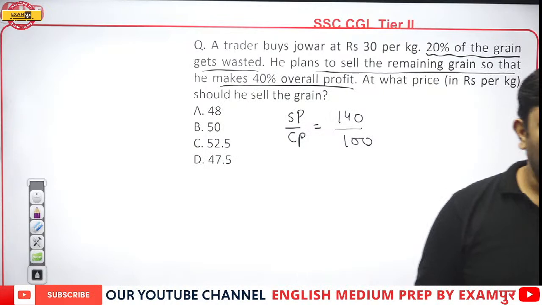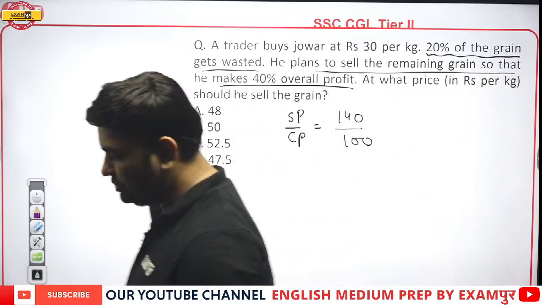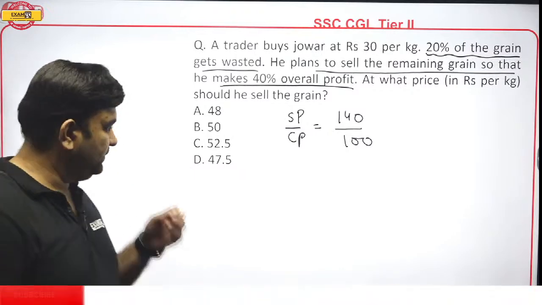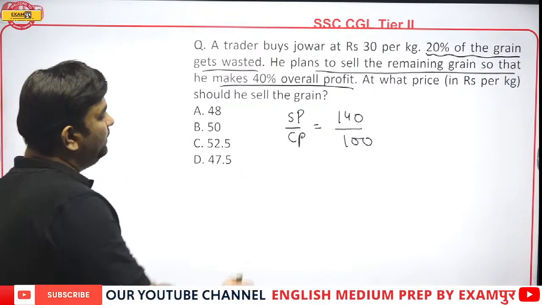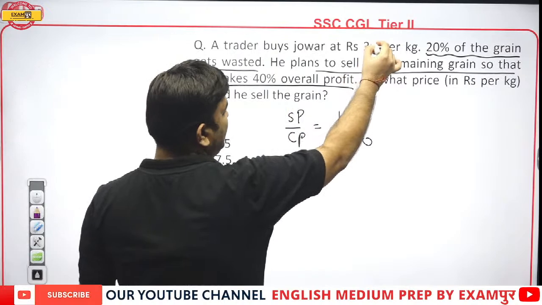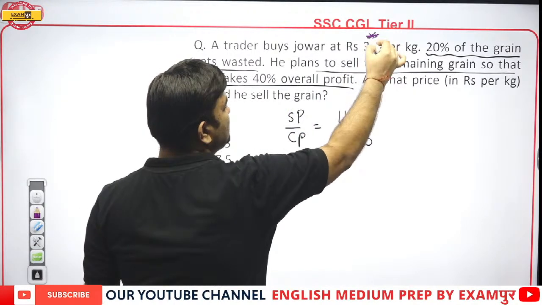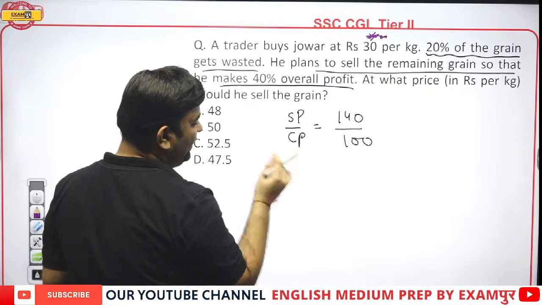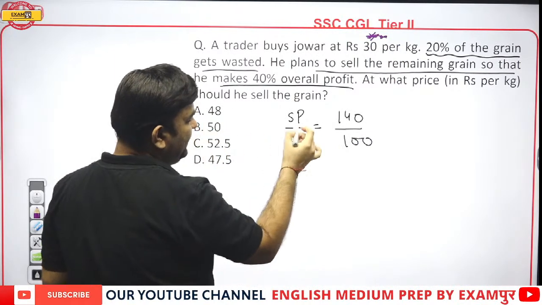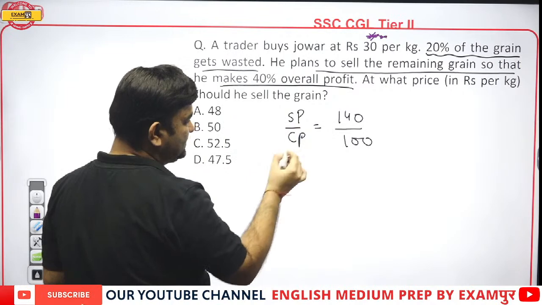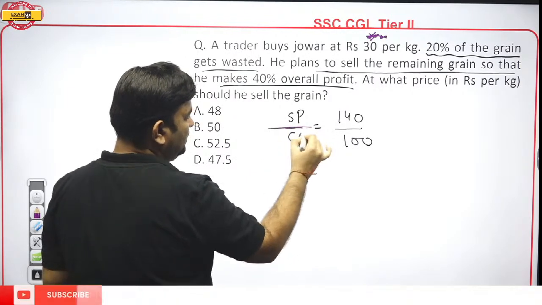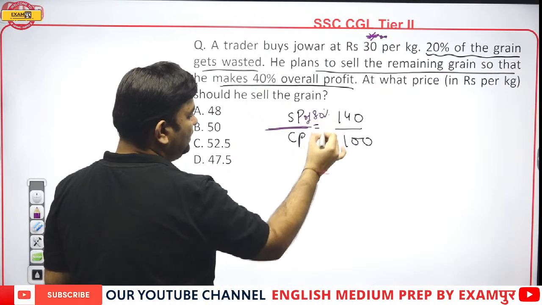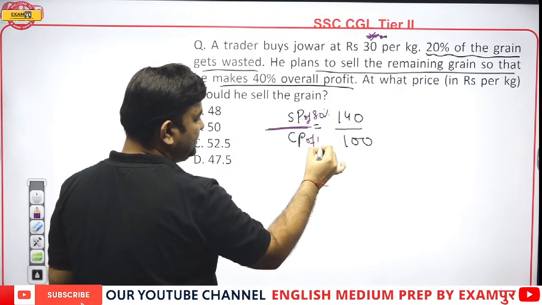CP is known, I want to find out the SP. But as you know, bacha, CP is of 100% and SP is of only 80%.